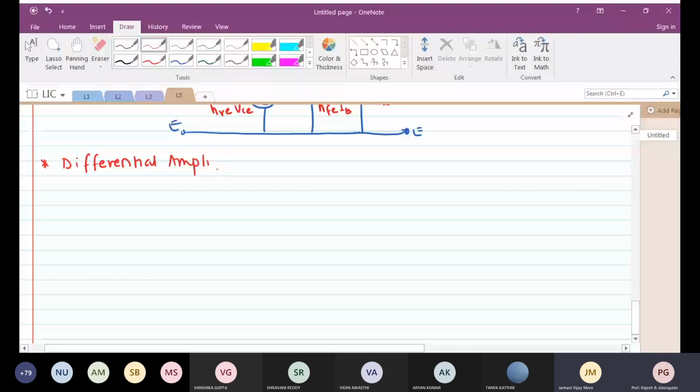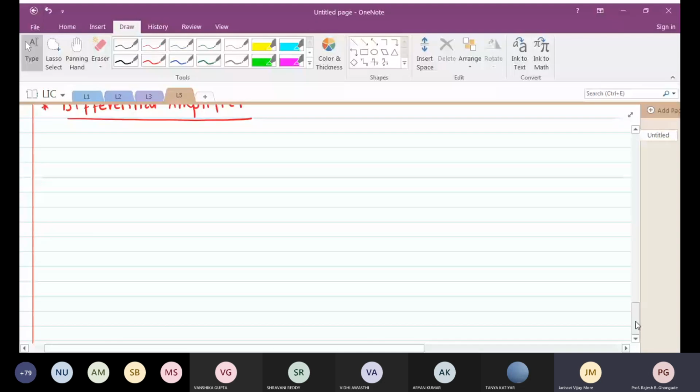Let me draw the circuit so that it will be clear. Always draw a very big circuit so that you can label them properly.